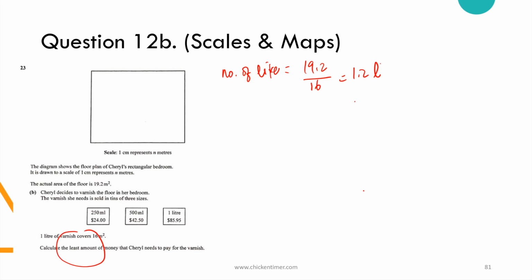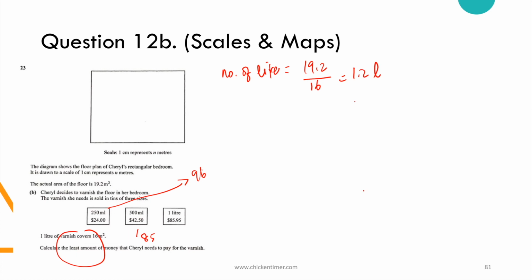If she were to buy the 1 liter tin, it will cost her 85.95. Then let's talk about the 250 ml. If she buys a liter, it will be 24 times 4, which is 96.